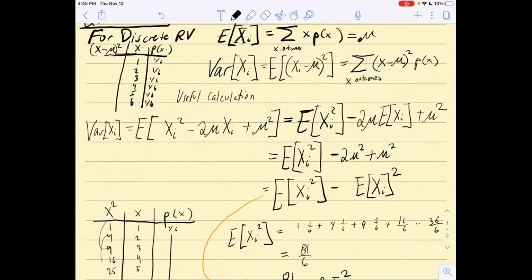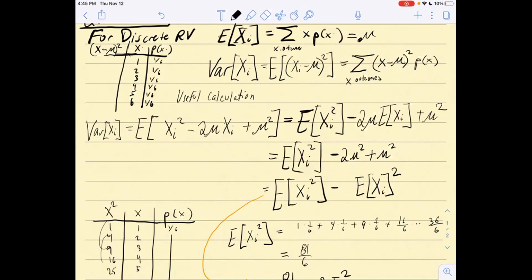It's sort of like the weighted average. X is like your position on the x-axis. Then p of x is like the percentage. So it's like your weighted position.